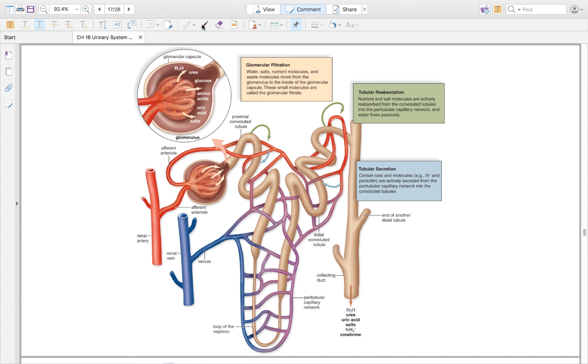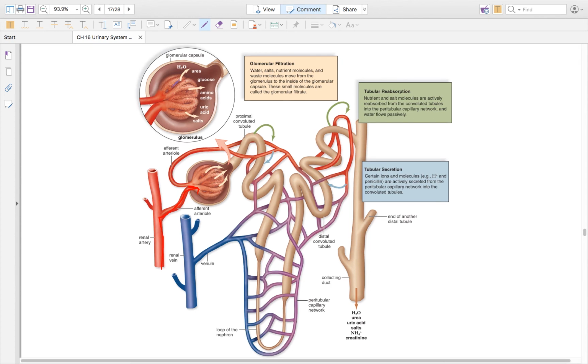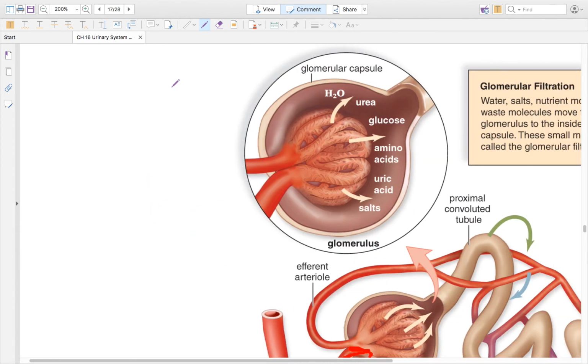Now, blood comes in, coming from the afferent arteriole, and it's going to enter the glomerulus, which is this network. Because there's quite a bit of pressure inside of the glomerulus and the glomerular capsule, it's going to move these molecules naturally.